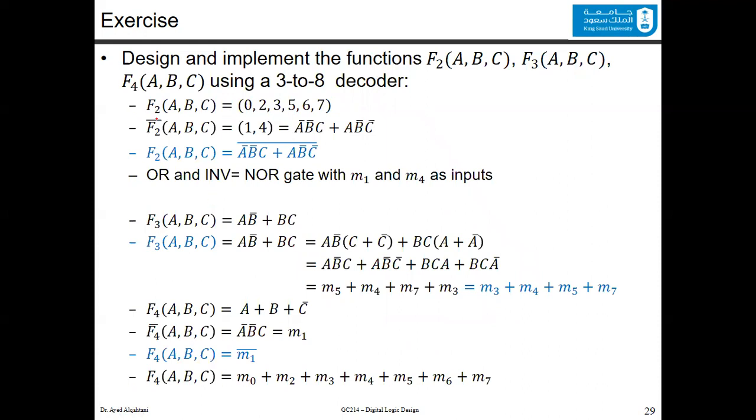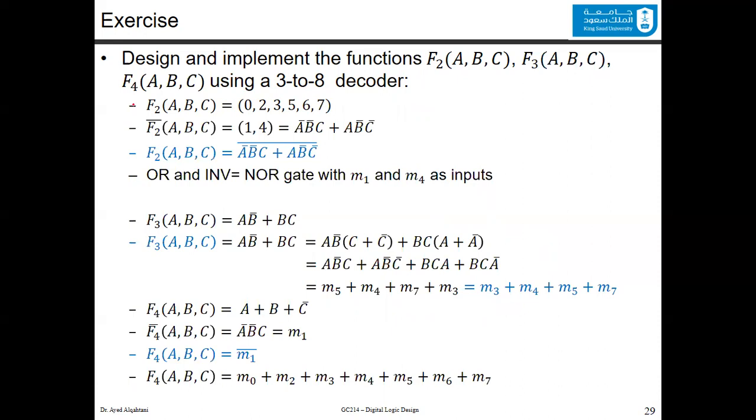As another exercise, if you were asked to design and implement the functions F2, F3, and F4 using a 3 to 8 decoder, we already know the drill and what to do. But here we will give you certain ideas that will make your design simpler and won't have a lot of inputs, especially when you are picking the OR gates.